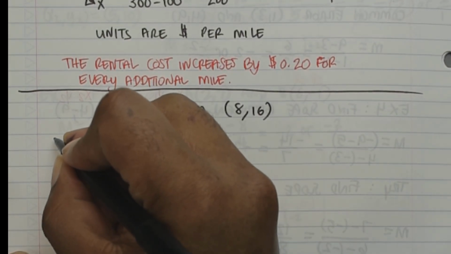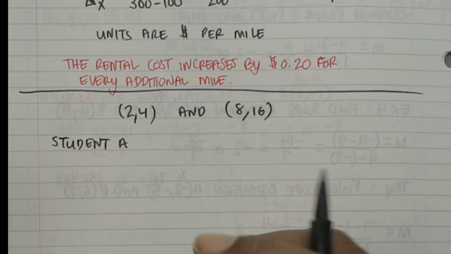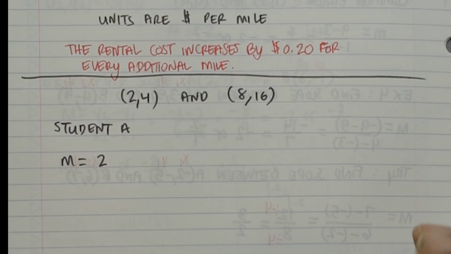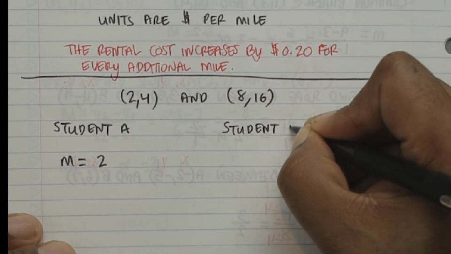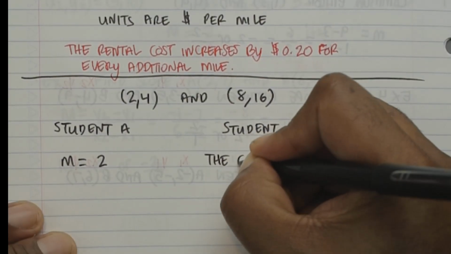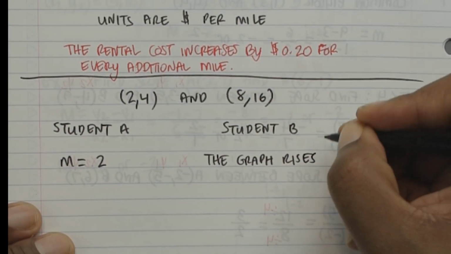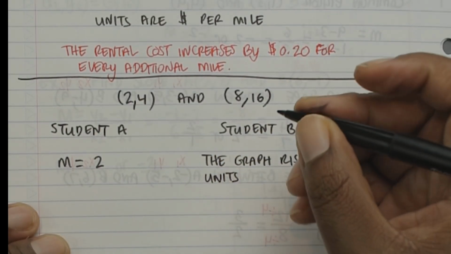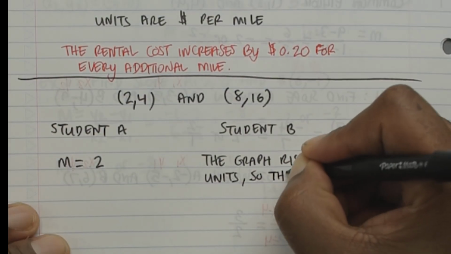Let's say student A says that m is equal to 2, and student B says the graph rises 12 units so the slope is 12.